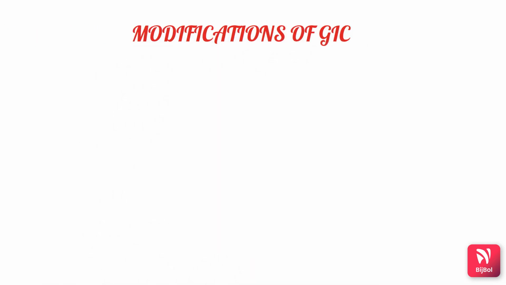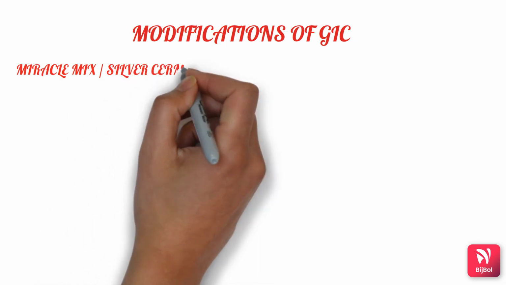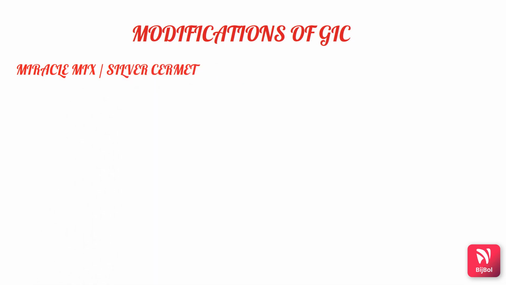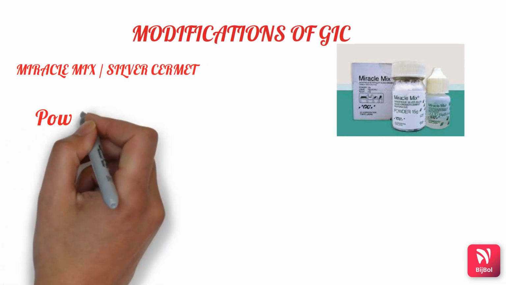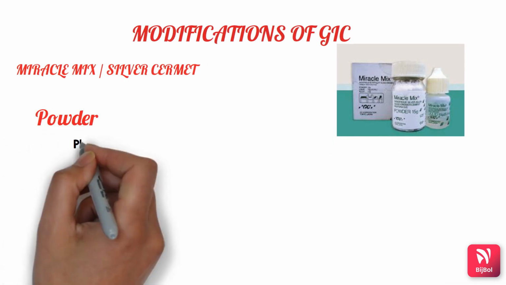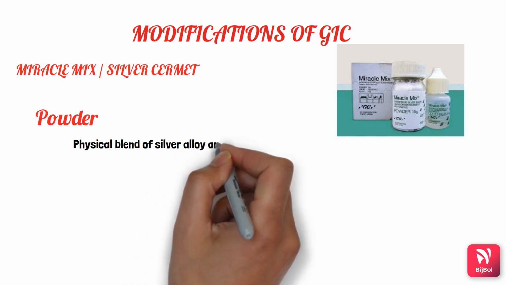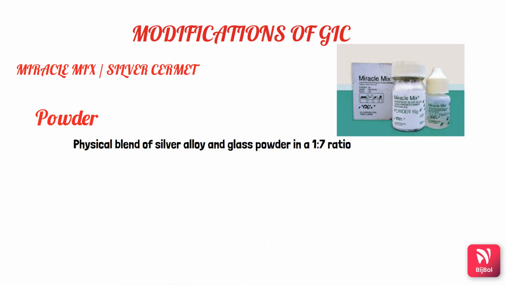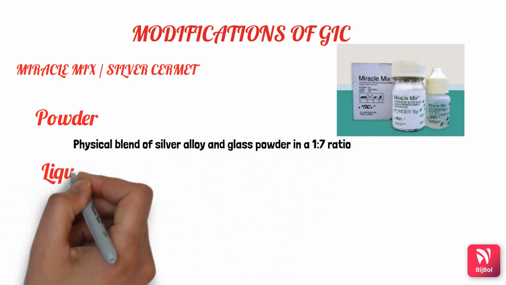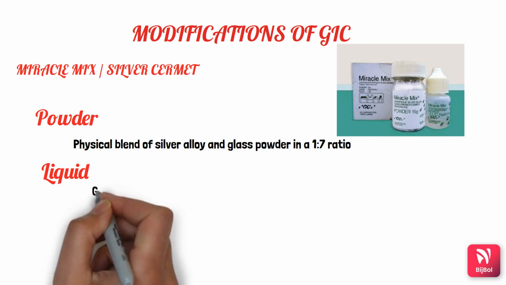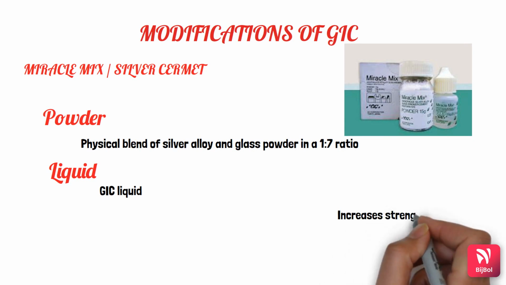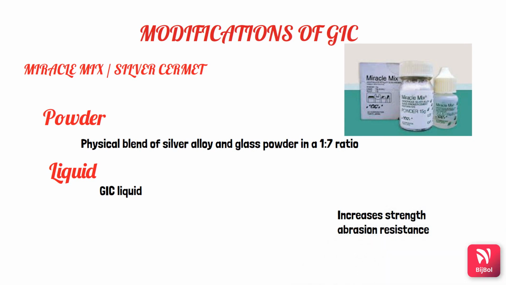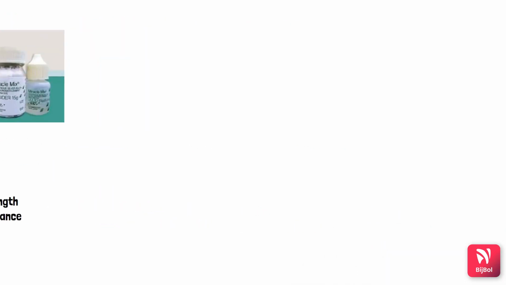If you see the modifications of the GIC, the first one is the miracle mix or the silver cement. Here, it contains the powder and liquid with GIC and the metal particles. It is a physical blend of the silver alloys with a glass powder in a 1:7 ratio with a liquid component of the GIC. That's how it helps in increasing the strength and also the abrasion resistance.